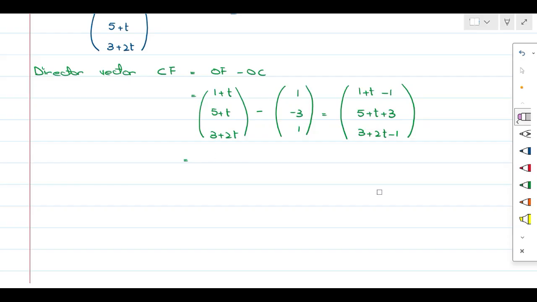What is its direction vector? So the direction vector CF, this should be negative, negative is positive, cancel out t, 8 plus t, and we can say 2 plus 2t, because 3 take away 1 is 2, right?